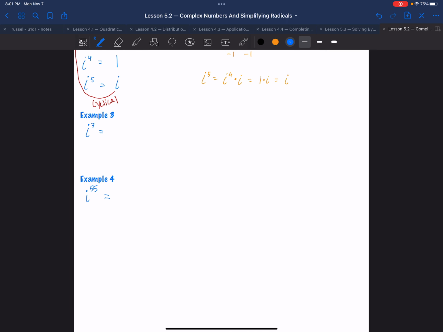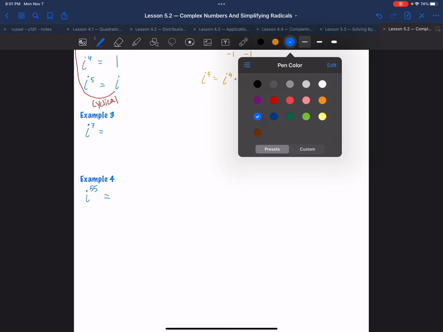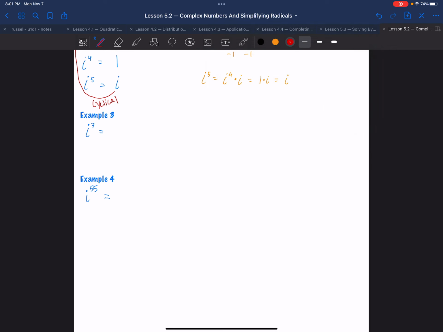You will need to use your exponent rules. So a couple of exponent rules: a to the m times a to the n.